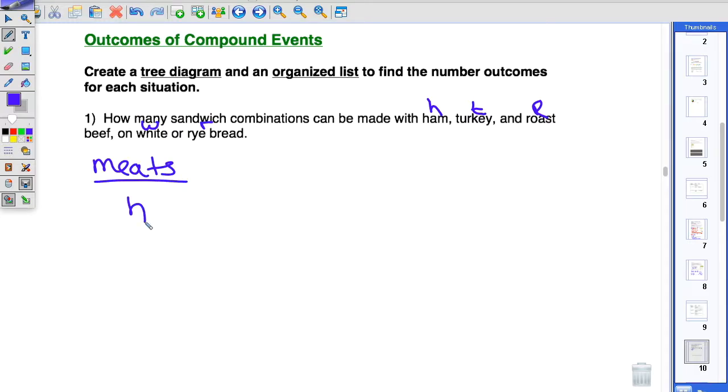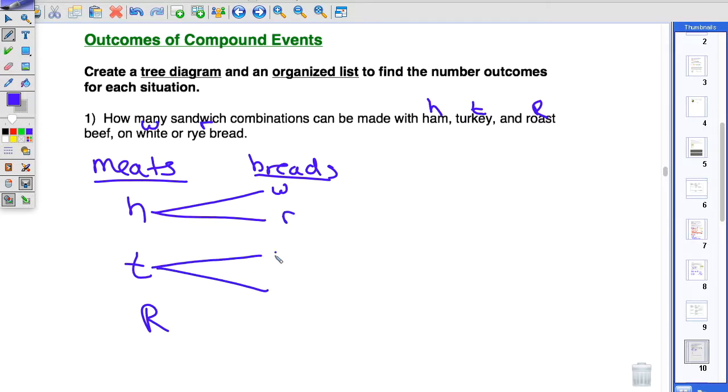We have ham, turkey, and roast beef. And then we want to put our types of breads. So we're going to branch them off. So we have white and rye, white and rye, white and rye.